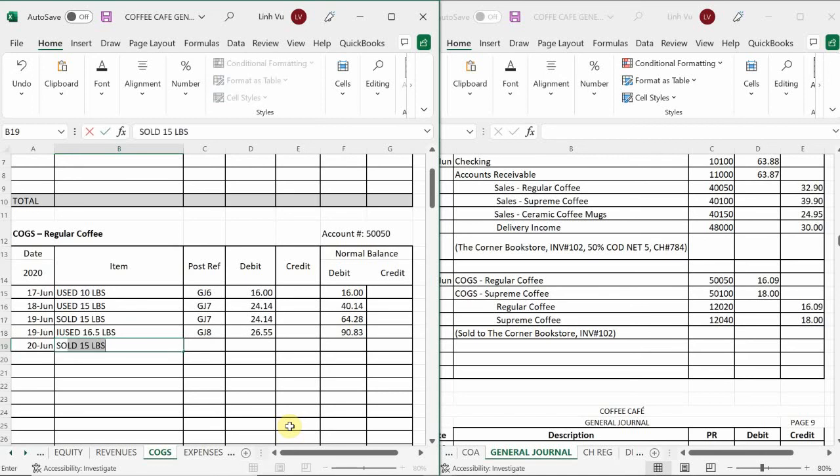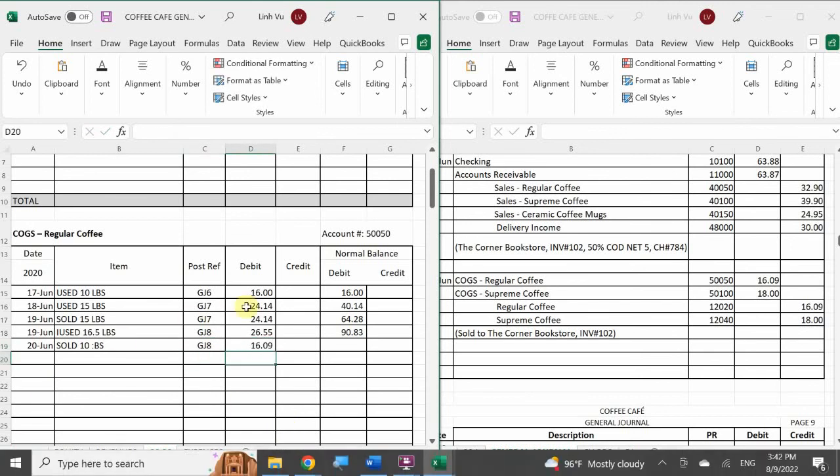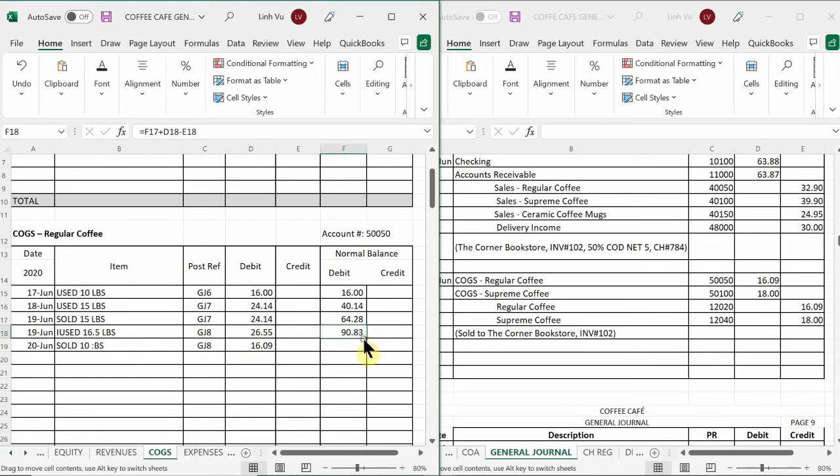We sell 10 pounds and it was $16.09, giving you an ending balance of 106.92.